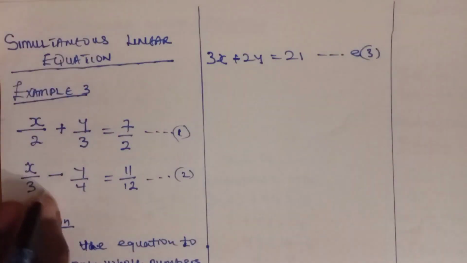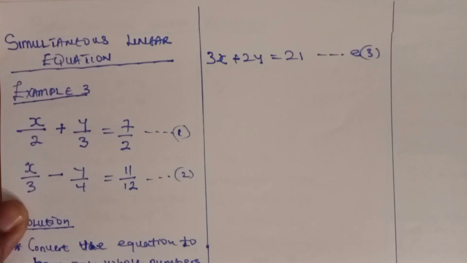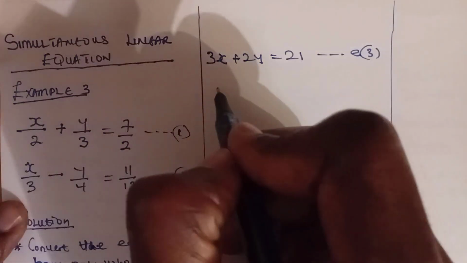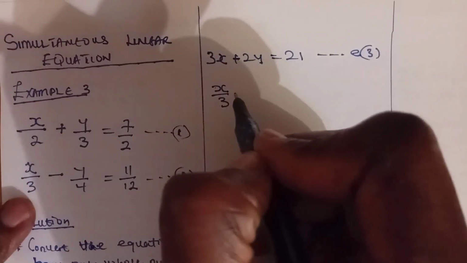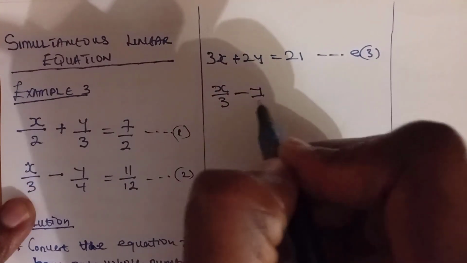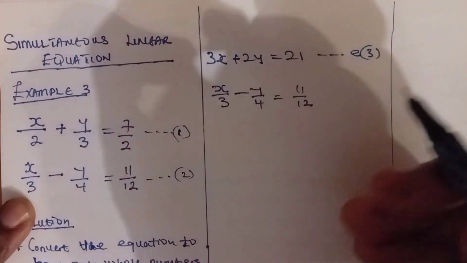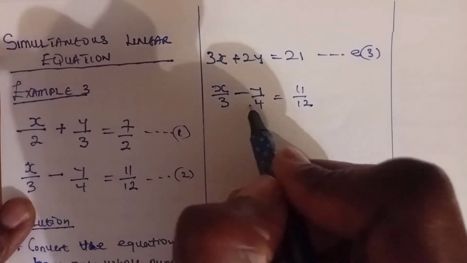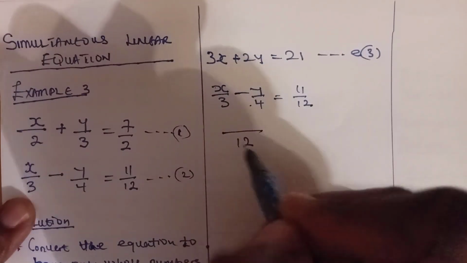So we want to convert equation 2 in the same way. From equation 2, we have x over 3 minus y over 4 equals 11 over 12. So we look for the LCM of 3 and 4, which is 12.